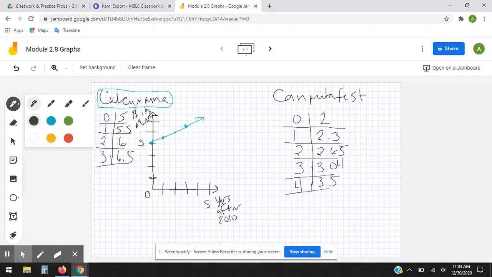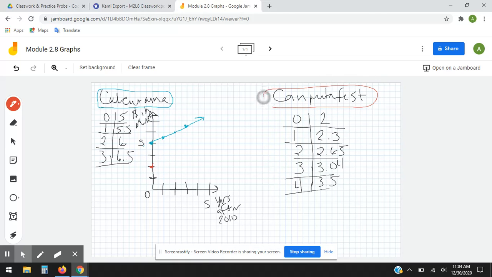Okay, so I'm going to draw this on the same graph in red. So 0 is 2 this time. This one over here in red. 1 is 2.3, so it's not quite the 2.5 mark. 2 is 2.65, so that's a little bit above. Oh, wait, no, it's not quite to the 3.